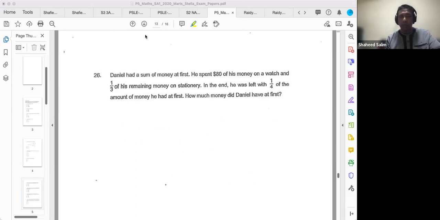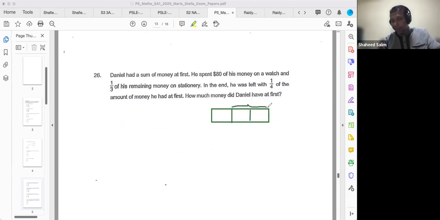So now we draw the last part first. Sometimes the trick is to draw the last part first. Say last part, you see, he has 3 parts left. And then it says, this part now is 1/4. If you can get the understanding here, this part is 1/4, means every 2 units is 1/4.